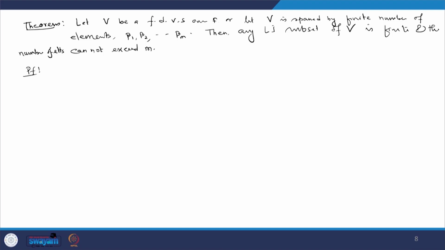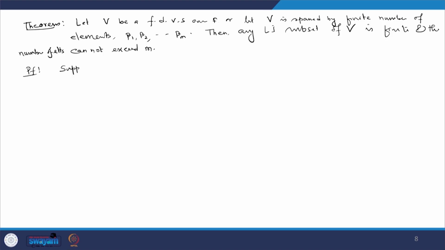To prove this, it will be sufficient if I can show that any subset of V which contains more than m elements will be linearly dependent. Let me prove it by contradiction.